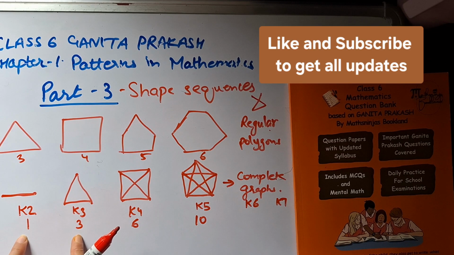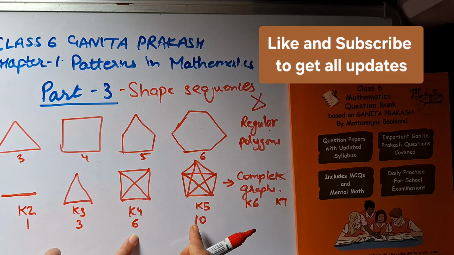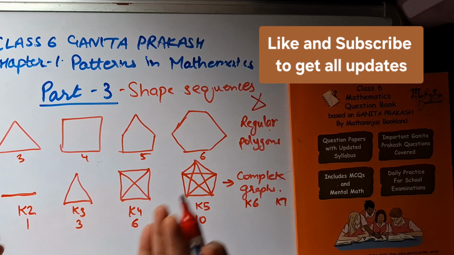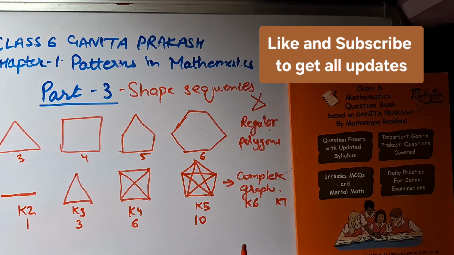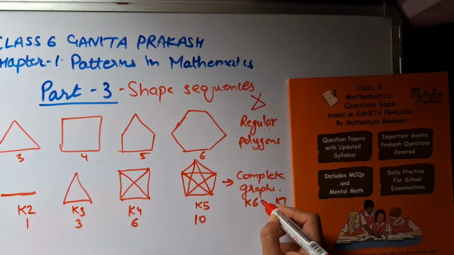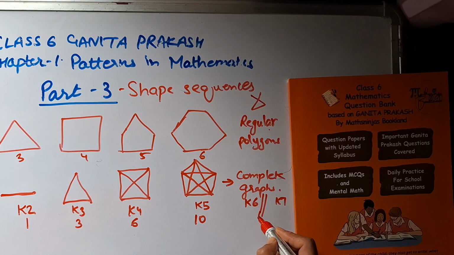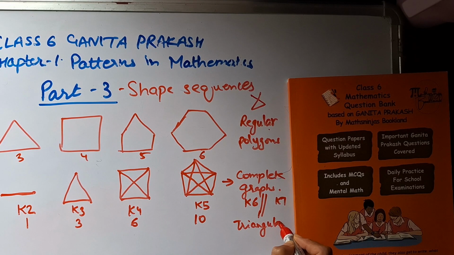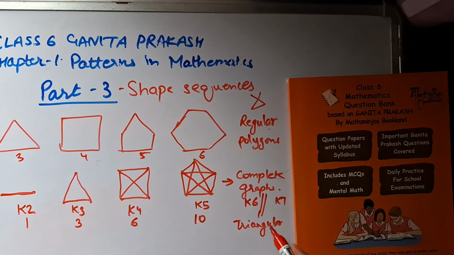Here you add 2, here you add 3, here you add 4, and when you add up counting numbers, you get triangular numbers. So you see that these are triangular numbers. So complete graph really corresponds to triangular numbers. So complete graph is a shape sequence which corresponds to the triangular number sequence.